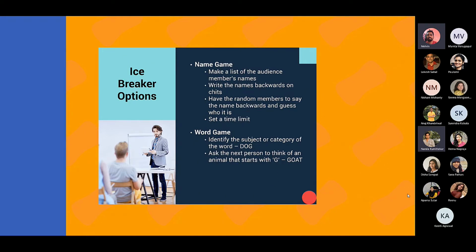Delhi. Anyone give it a try? Indore. Nice. Anybody else? Next, Indore, E. England. Right. England. Dehradun. Perfect. Nashik. All right. Kolkata.